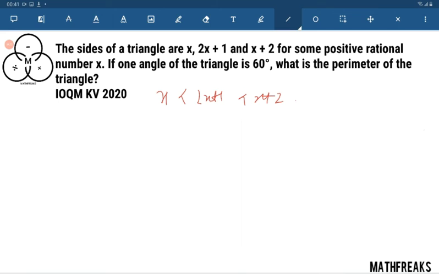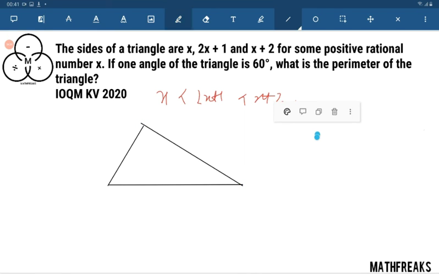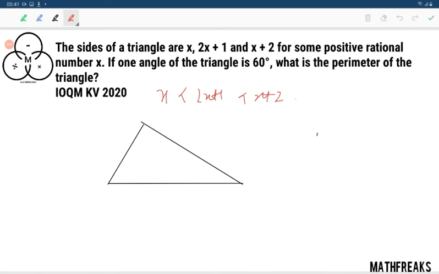60 degrees always. Whenever we are getting 60 degrees, our mind should trigger something. From this we can infer a very interesting thing, that this will be x, this will be 60, this will be 2x plus 1.